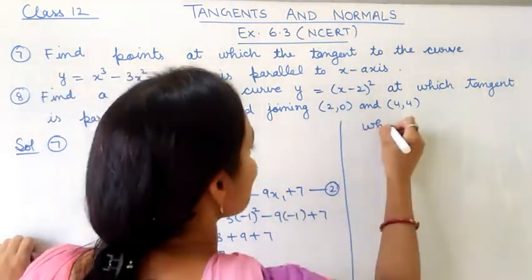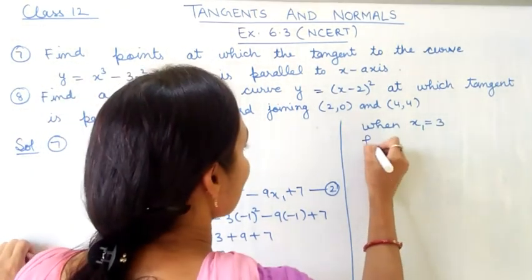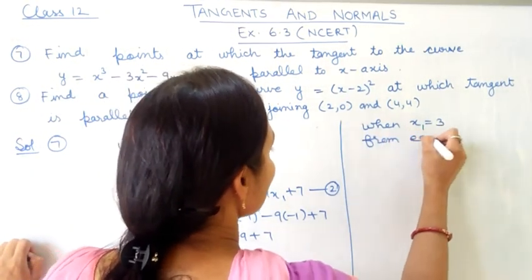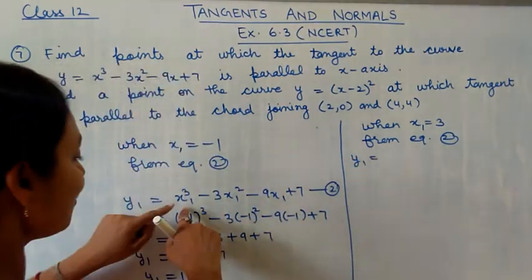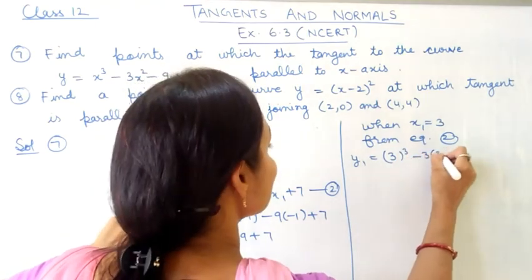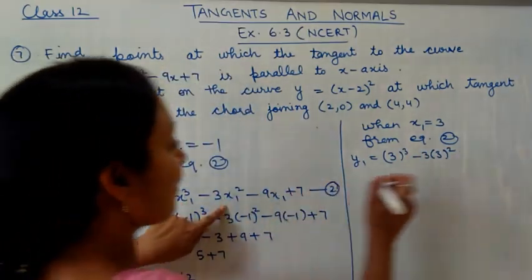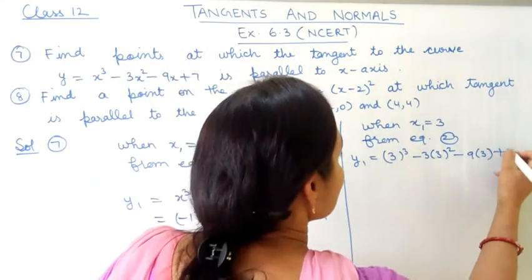When x is equal to 3, from equation 2, I will put the values. y = 3³ − 3(3)² − 9(3) + 7.